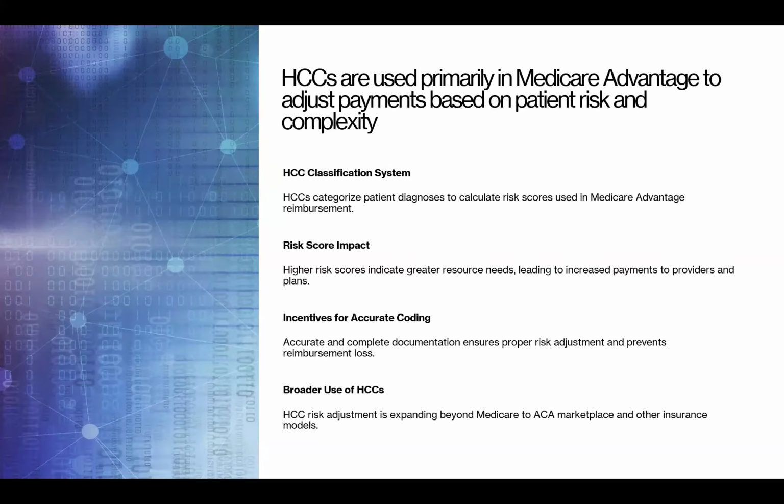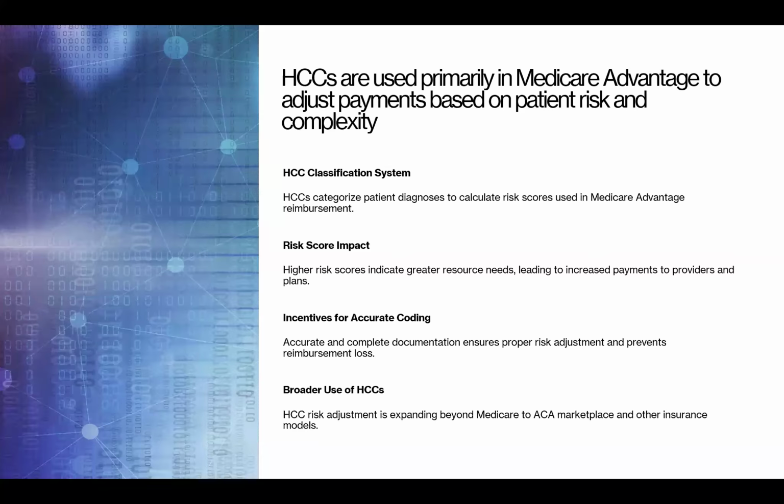It incentivizes accurate coding. We used to hear hospital coders say, if it doesn't change the MS-DRG, I don't really need to worry about it. But now we need to capture everything and make sure it follows the MEAT acronym: monitor or manage, evaluate, assess, and treat.